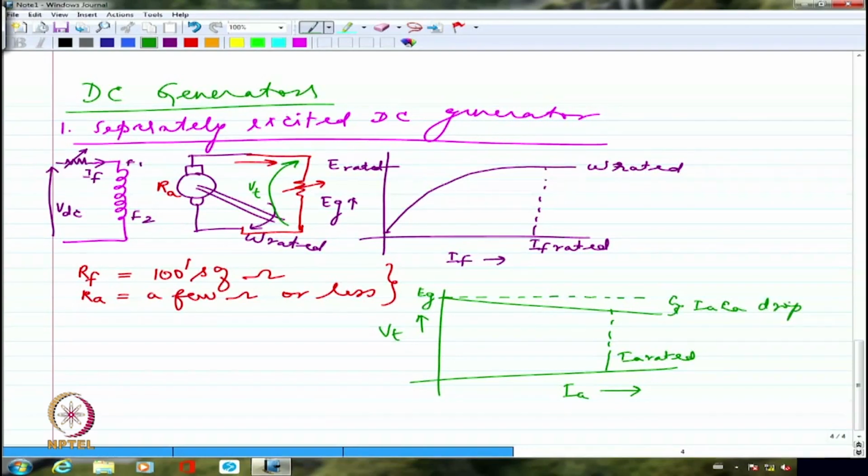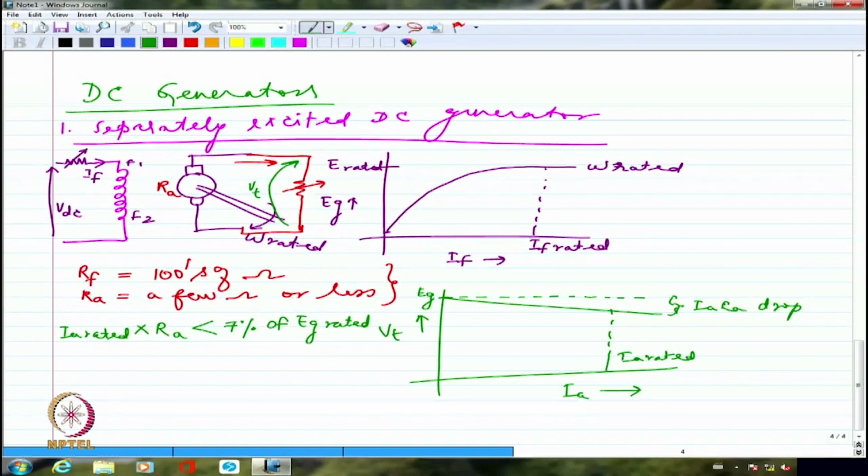So IA rated multiplied by RA is going to be less than, most of the times, about 7 to 8% of EG rated. So RA is generally really, really small. That's what I'm trying to emphasize, right?